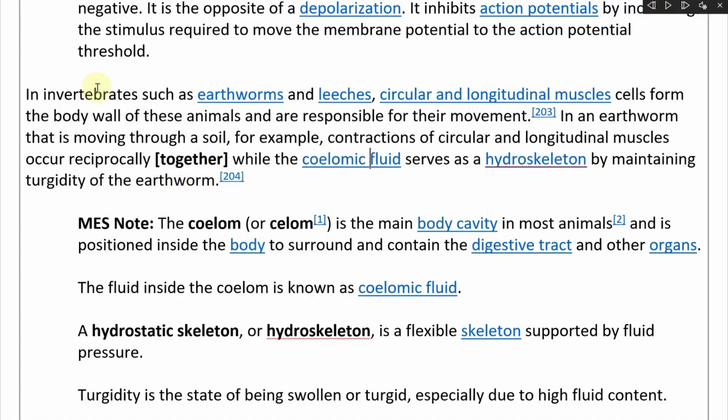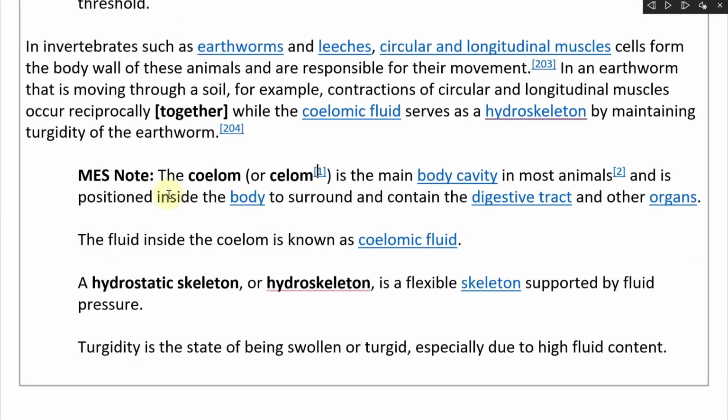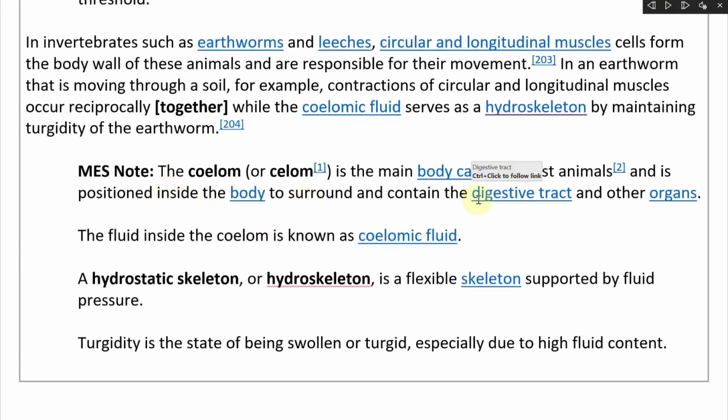So let's go over all these terms. Invertebrates are animals without a backbone, like worms. Just think of worms there. The coelom is the main body cavity in most animals and is positioned inside the body to surround and contain the digestive tract and other organs. So basically it's the main cavity inside.